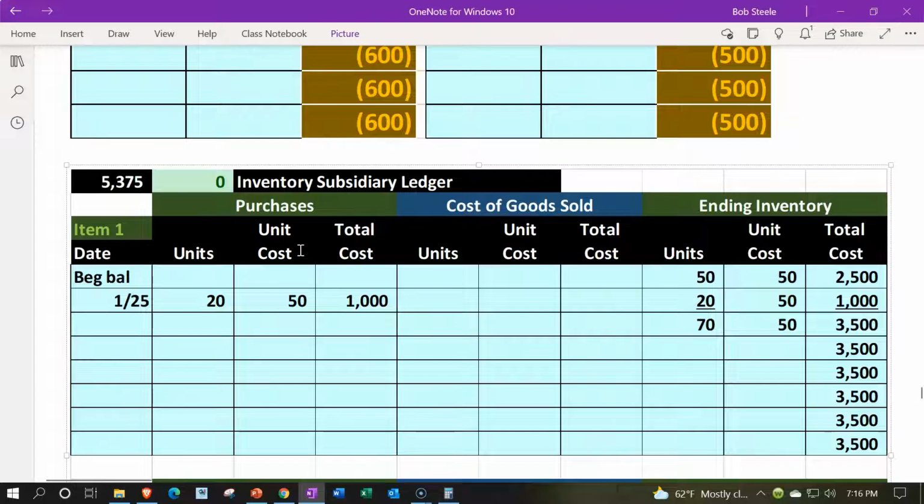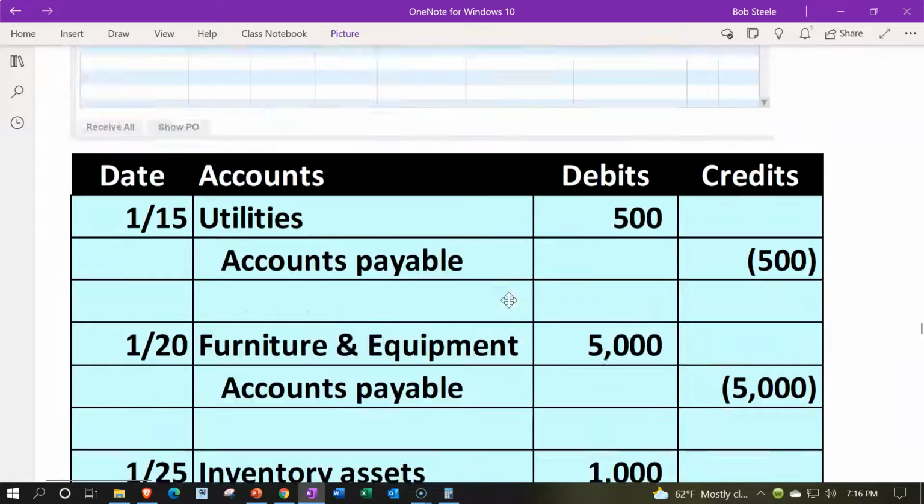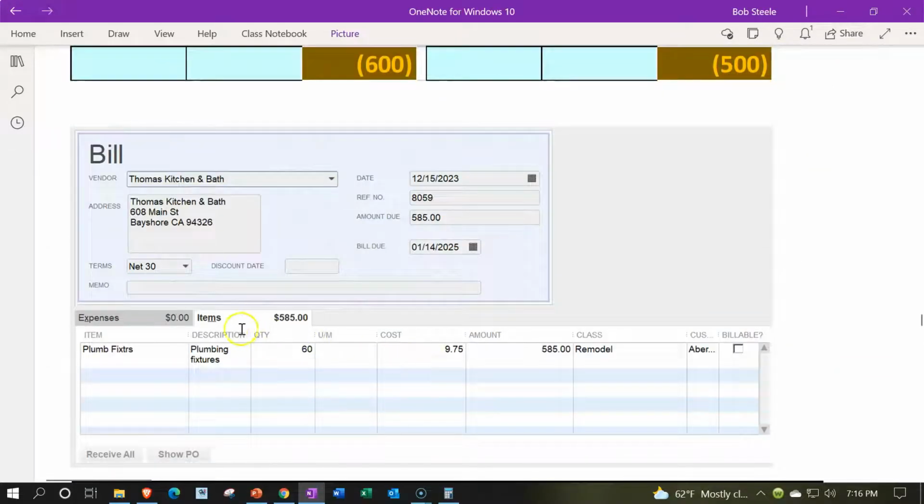What I'm trying to just focus in on here is the fact that when you enter a bill and there's inventory involved, if you're tracking the inventory, QuickBooks needs to do this added piece. And in order to do that added piece in accounting software, you will typically need to use items and put in specific information related to the items.